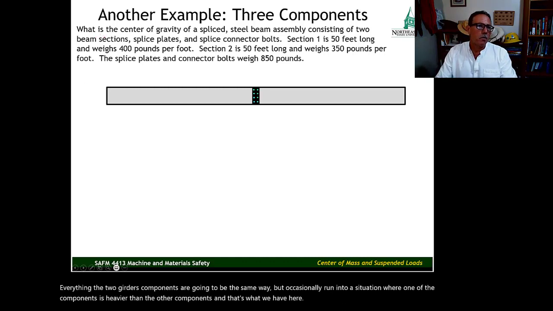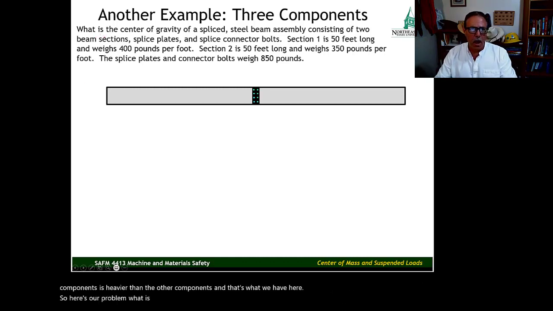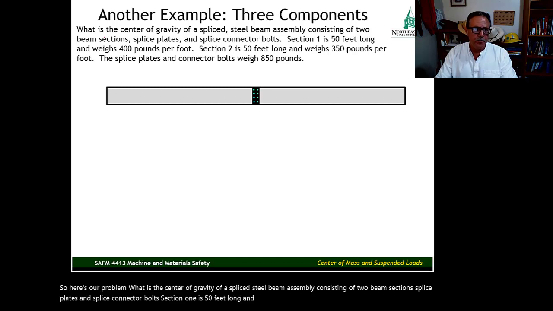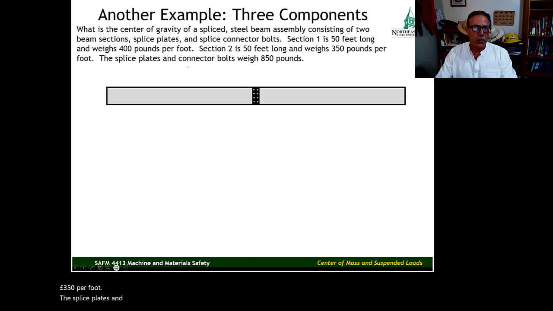So here's our problem. What is the center of gravity of a spliced steel beam assembly consisting of 2 beam sections, splice plates, and splice connector bolts? Section 1 is 50 feet long and weighs 400 pounds per foot. Section 2 is 50 feet long and weighs 350 pounds per foot. The splice plates and connector bolts weigh 850 pounds.